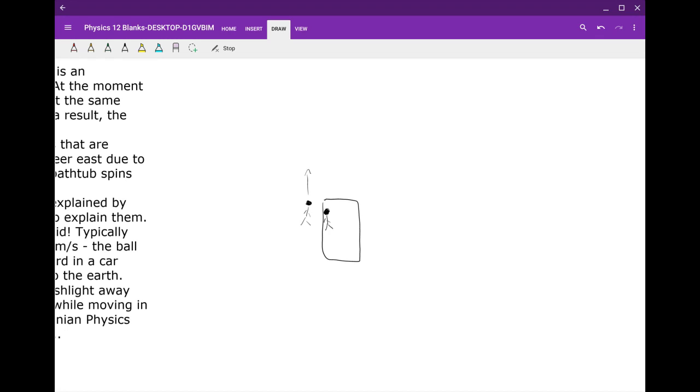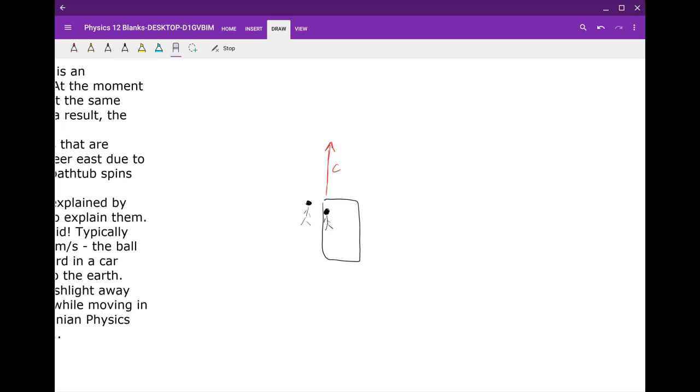Now this car comes by like this, and they flash their headlights, and the light goes out. Let's just put a single vector to not complicate things. This guy would say the light travels forward at the magnitude of this vector, which is the speed of light. We'll call it c.